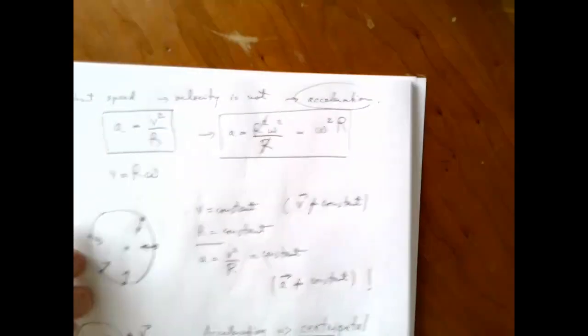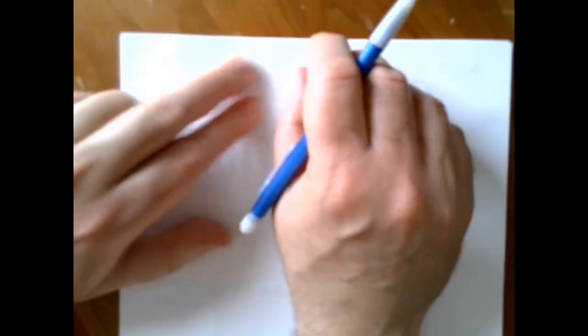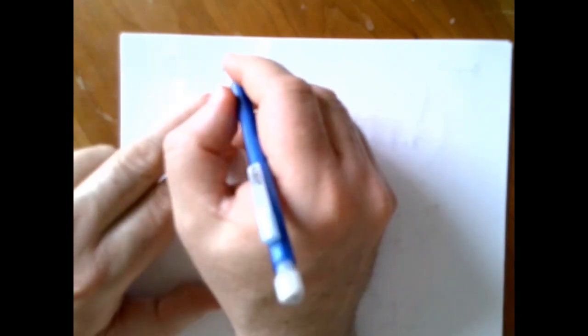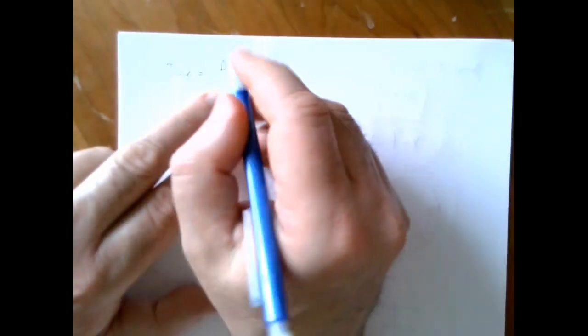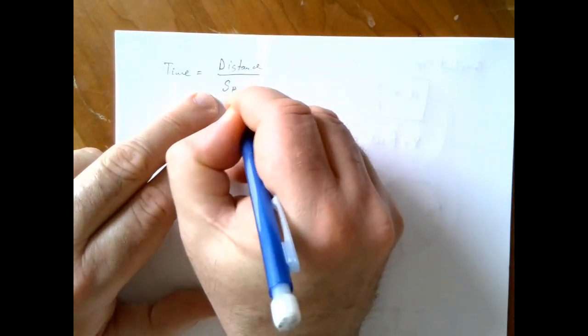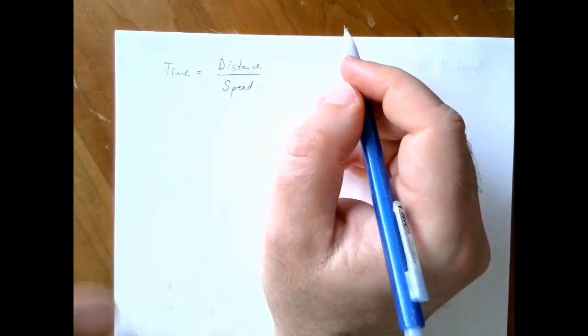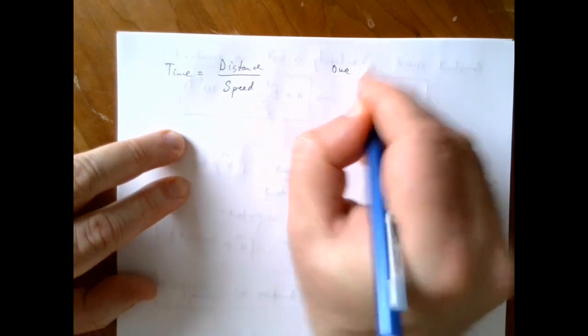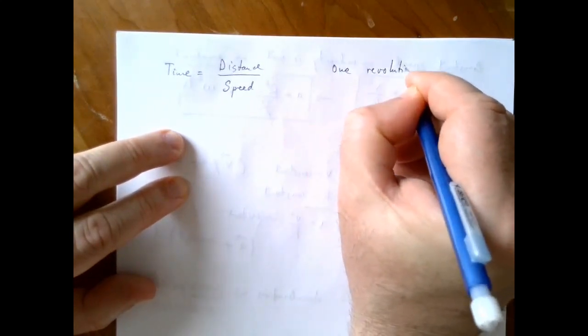Well, let's find a relationship between the speed and the period. Let's think about it. Time, as we know, is distance divided by speed. If we are talking about one revolution, let's see what happens.